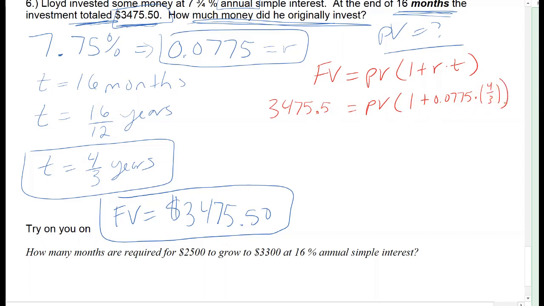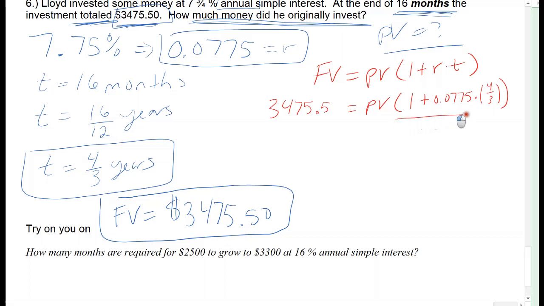The biggest thing about this one is that side within the parentheses is really, really, really messy. And you do not want to round until the end of the problem. And so there's 2 ways to do this.